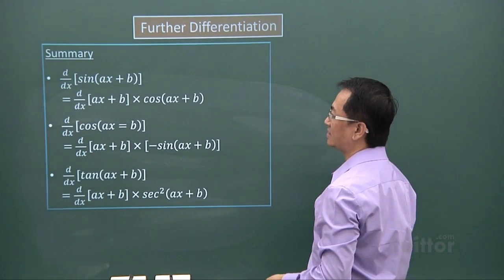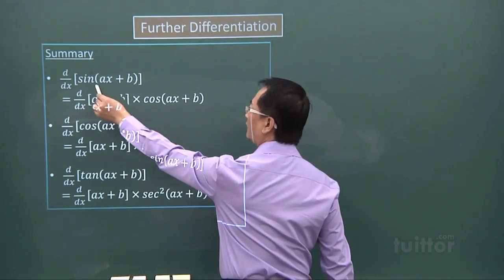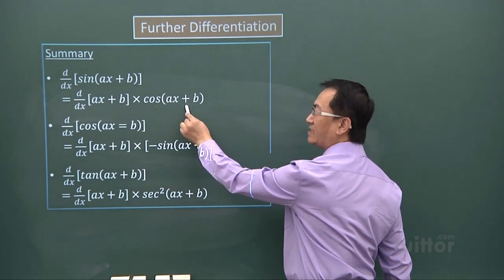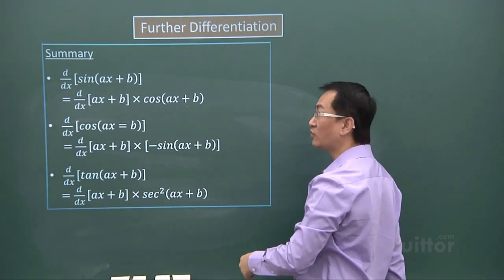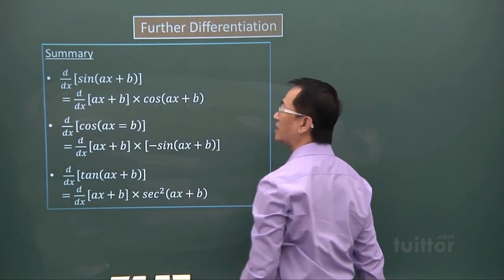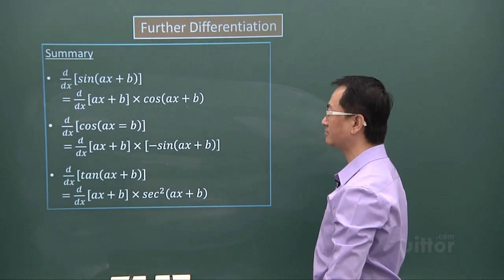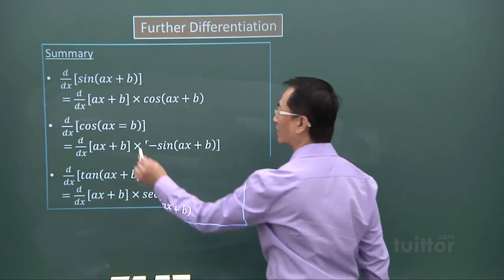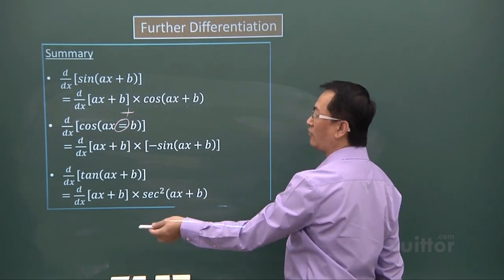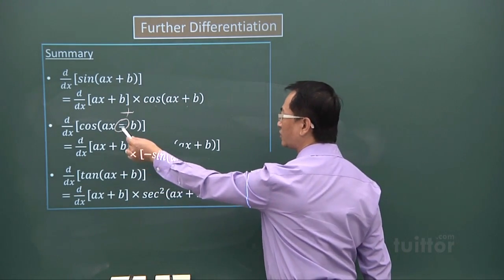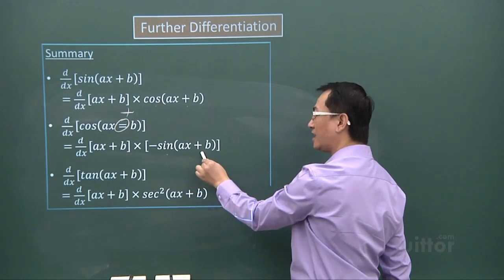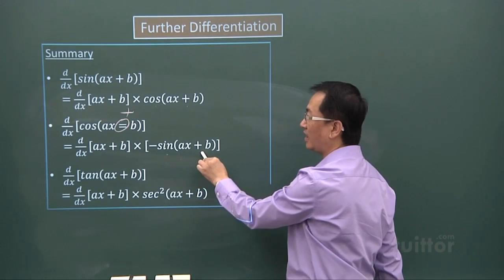So the summary is this. Differentiation of sine will give you cos. The angular part remains the same. And then we have to differentiate the angular expression. And the result will form the coefficient of cos function. Now, if you look at the differentiation of cos, cos will give you negative sine. Then the angular expression remains the same.